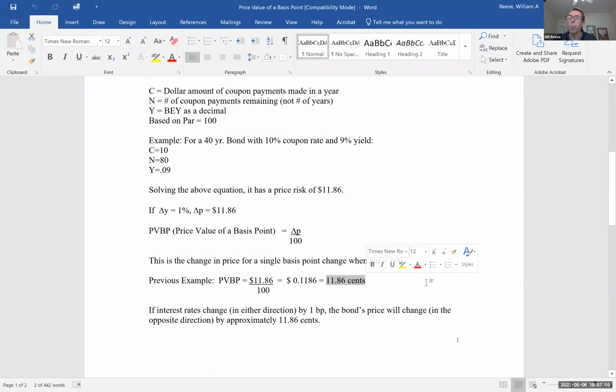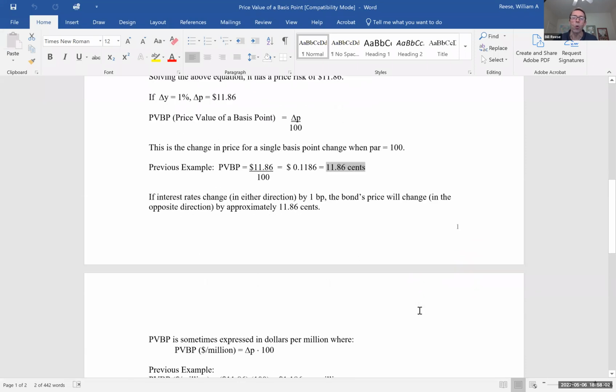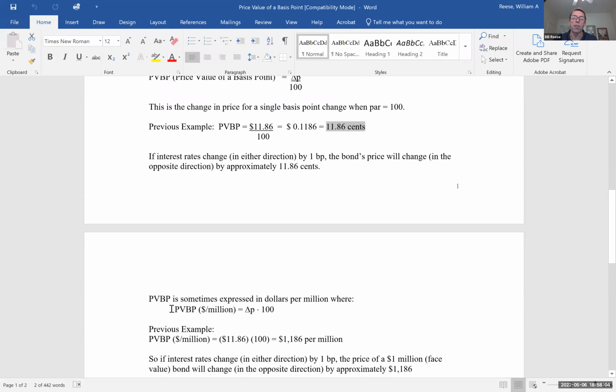I'm going to introduce one more concept to you here, and that is the price value of a basis point in dollars per million, because this is typically used by people who professionally manage bond portfolios, and bond portfolios are often in the millions of dollars. What they're interested in is not how much the price will change for a bond that has a face value of $100, but how about a bond that has a face value of $1 million?